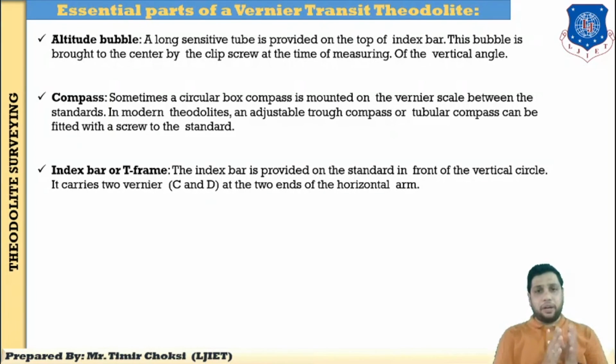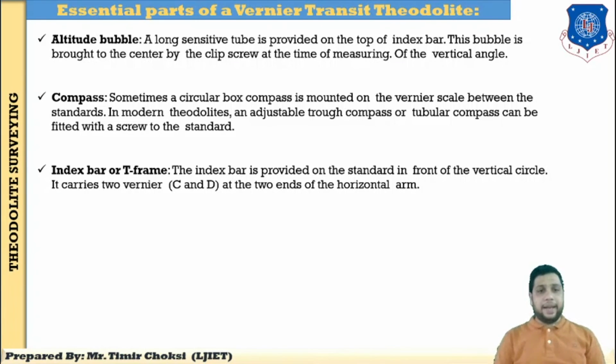The compass is added by default in the vernier transit theodolite because for finding the north line with respect to an angle, the compass is used. So in a vernier transit theodolite, sometimes a circular box compass is mounted on the vernier scale between the standards. These compasses are fitted in a modern theodolite.